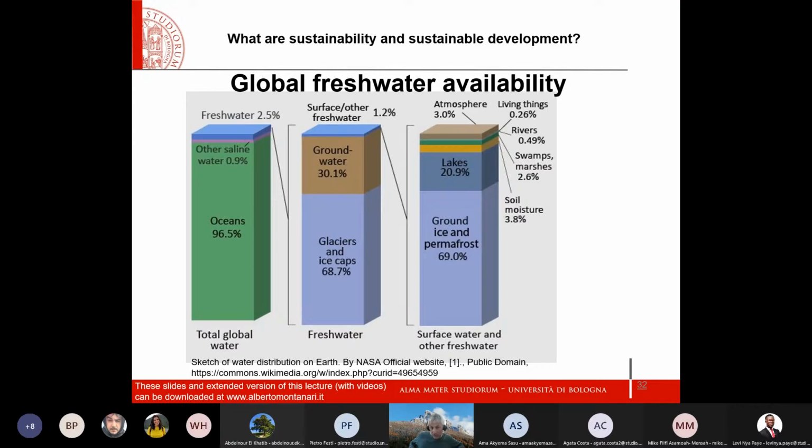And therefore, it shows that one thing is to take water from a river. Another thing is if I take water from groundwater in the middle column, the brown part. This groundwater, which is another essential storage that is used by humans, is essential in most of the Western world.